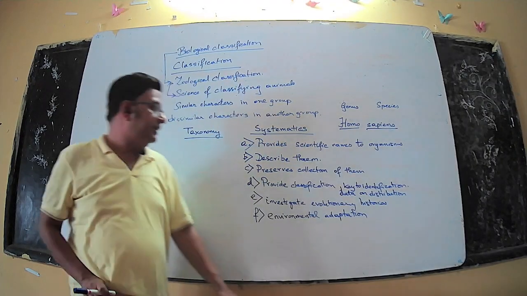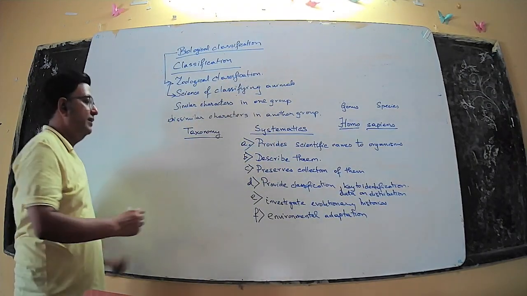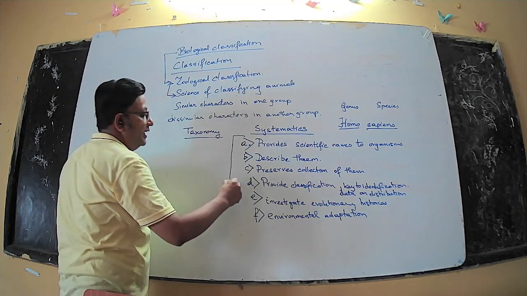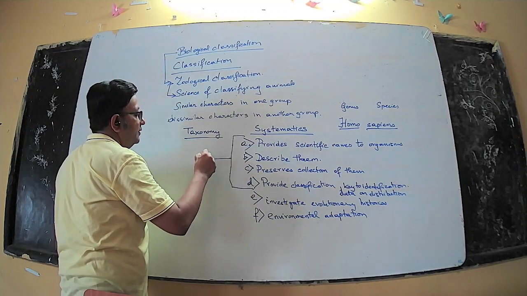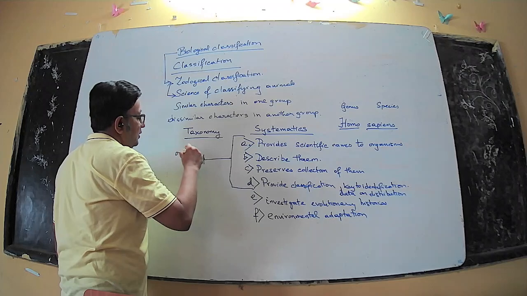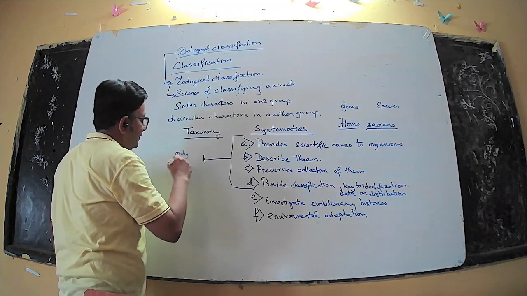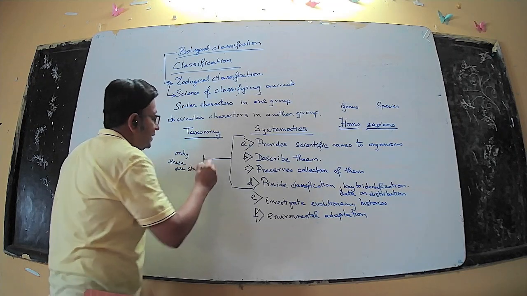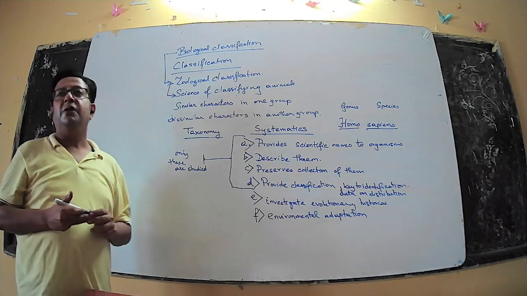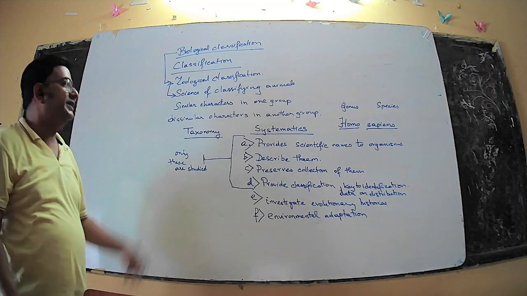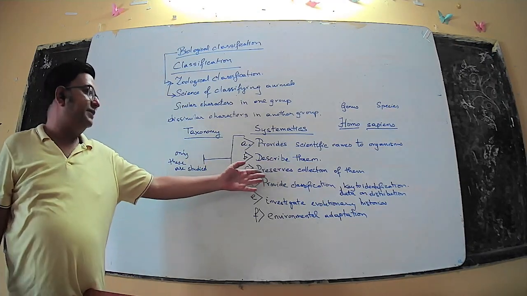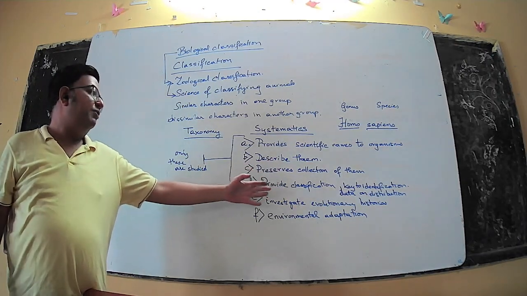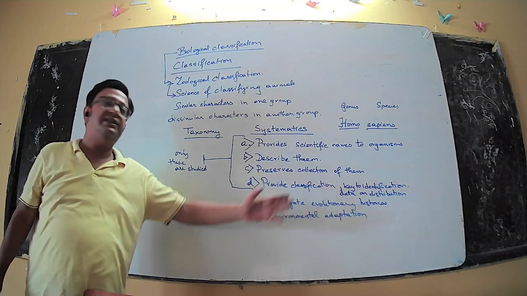You also study this. In taxonomy, you only study the first 4 points. Only these are studied. The taxonomic definition is: taxonomy provides scientific names to organisms, describes them, preserves collections of them, and provides classification keys to identification, and data on distribution.